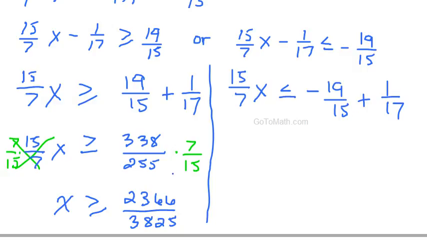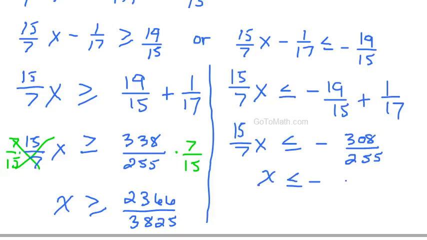Good news is I get the same denominator. So 15 over 7x is less than or equal to negative 308 over 255. That's actually kind of good. Once again, multiply both sides by 7 over 15.